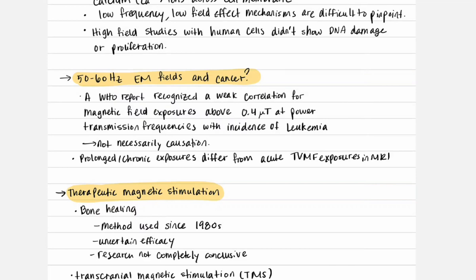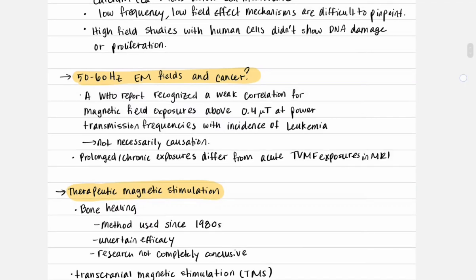However, this was a correlation observed and not necessarily a causation as far as the research went. And it's important to note that these exposures were prolonged and chronic, compared to what you might get from an MRI examination, because those are more short term.